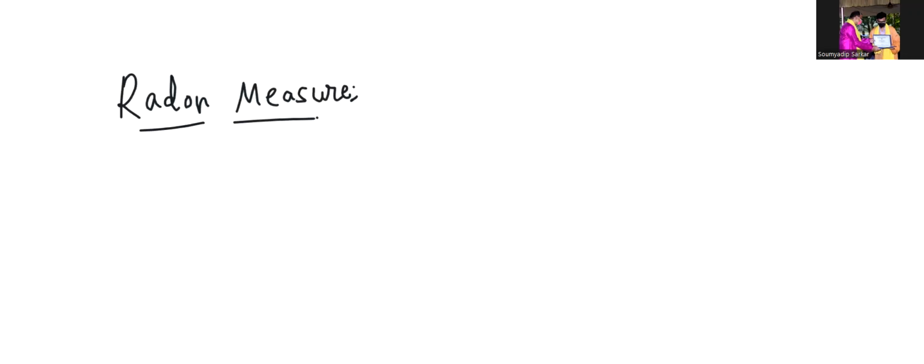Eventually, my goal is to arrive at the Riesz representation theorem, which is a very useful and powerful theorem, and obviously it's very beautiful. So what is a Radon measure?